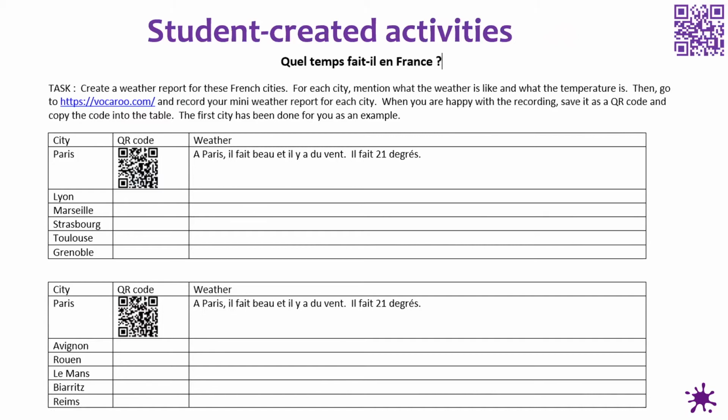They scan these QR codes, and when they get to a sentence about Lyon, they write it down. If they end up with 3 versions of Lyon, they'll write down all 3. Less conscientious students will write down 1 and that'll be it. But they're getting a lot of practice with the same type of language.